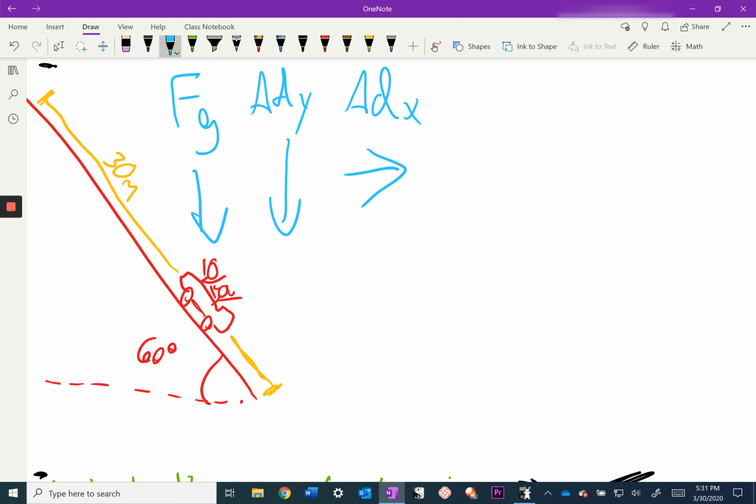Now, if you remember, we only care about the displacement in the direction of the force, which means we can cross out our displacement in the x. We do not care about the displacement in the x anytime we're talking about gravity.